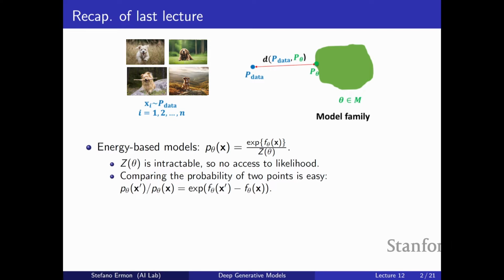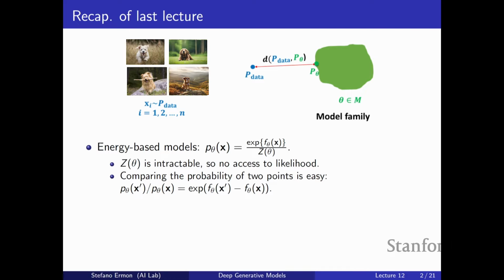And the good thing is that comparing the probabilities of two data points is actually easy, and this is important for sampling. So you have an x and an x prime, which could be two images, for example. You cannot easily evaluate how likely either of the two is according to the model, but it's easy to figure out which one is more likely, because when you take the ratio of the two probabilities, the two normalization constants cancel.